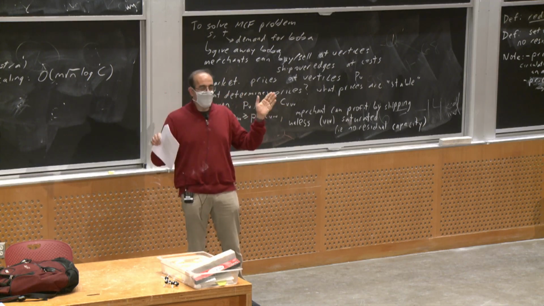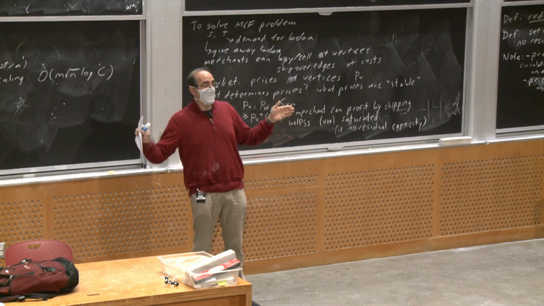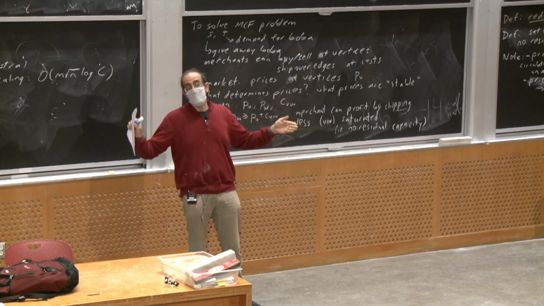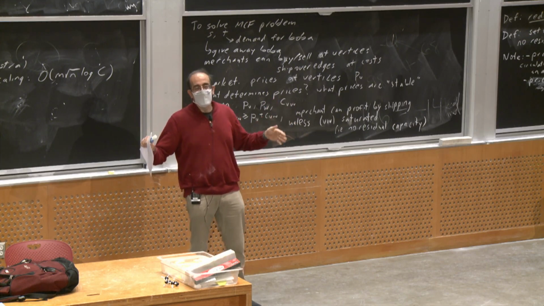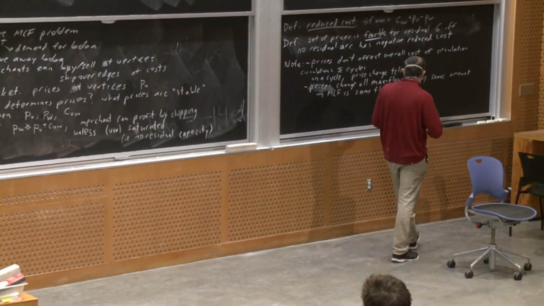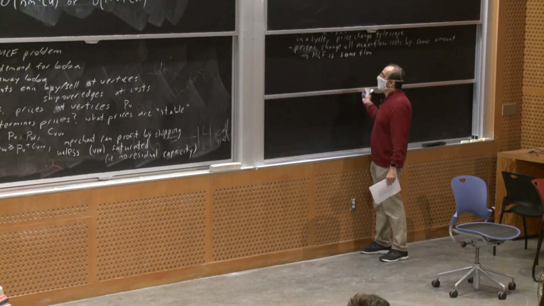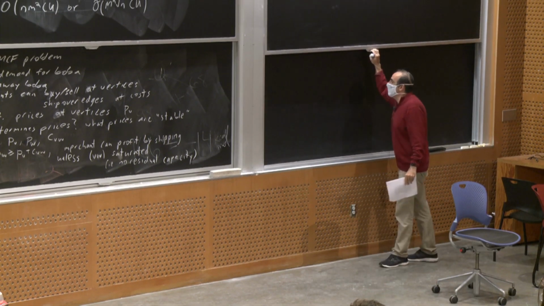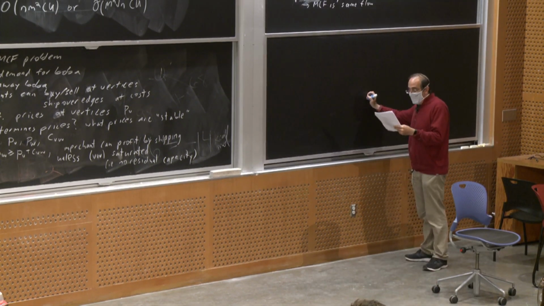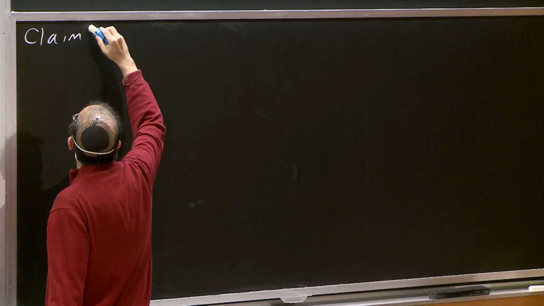You pay that P of S minus P of T for every unit of flow that goes from S to T. And so it doesn't matter how the flow goes from S to T. Right? Every flow changes by the same amount. Every max flow changes by the same amount. Okay? So now we're on to something. This gives us a lovely way to prove optimality of a residual graph.